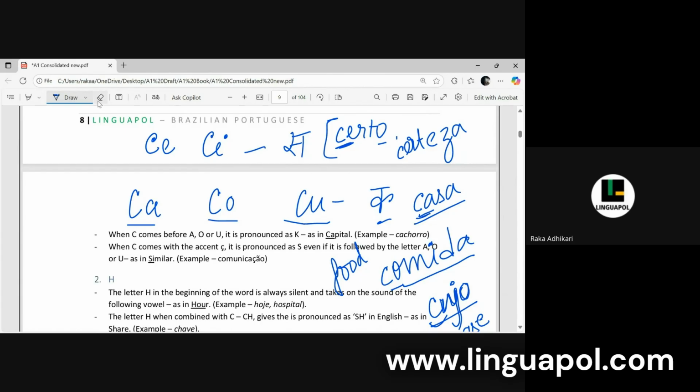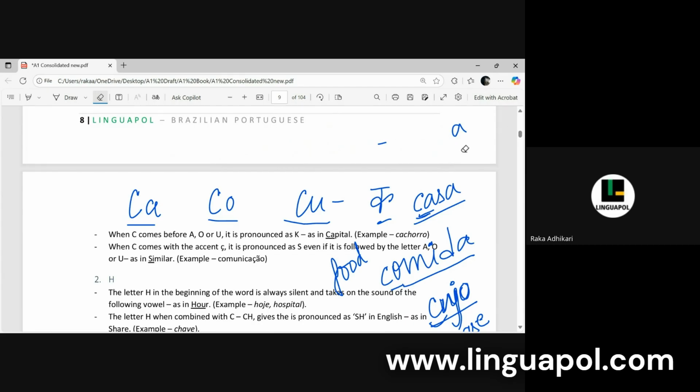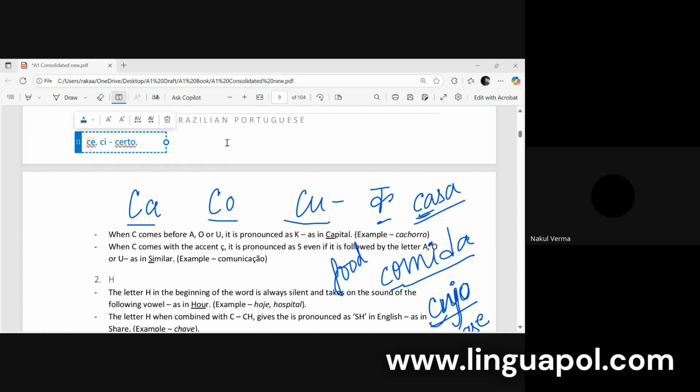First we will look at examples of CE or CI. Like we get certo. What is the meaning of certo? Correct. Yes, certo means correct.